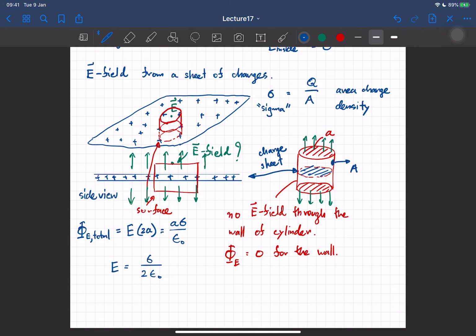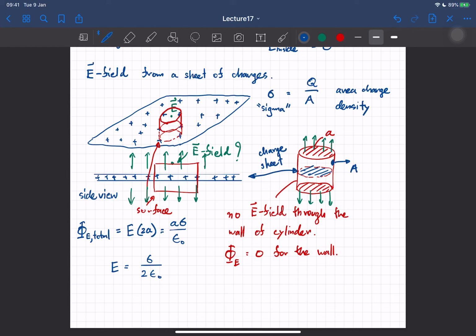And the other thing which is important is that the electric field here does not depend on how far away you are from the sheet. And it might be a little bit strange if you think about it. Like further away, it should be weaker in terms of the electric field. That's true if you have a charge sheet which is not infinitely large. In this case, it's infinitely large, so it doesn't matter how far away you are from the surface; it's still infinite. Right? So that's kind of the thing.